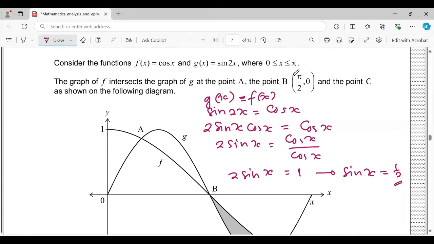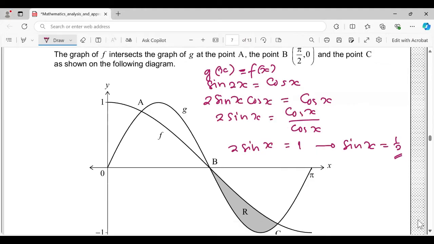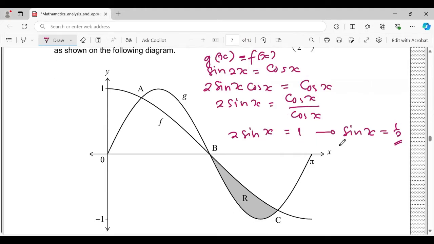Now the interval of x is from 0 to pi. So now we're going to determine the values of x. If sine x equals half, then x equals arcsine half.